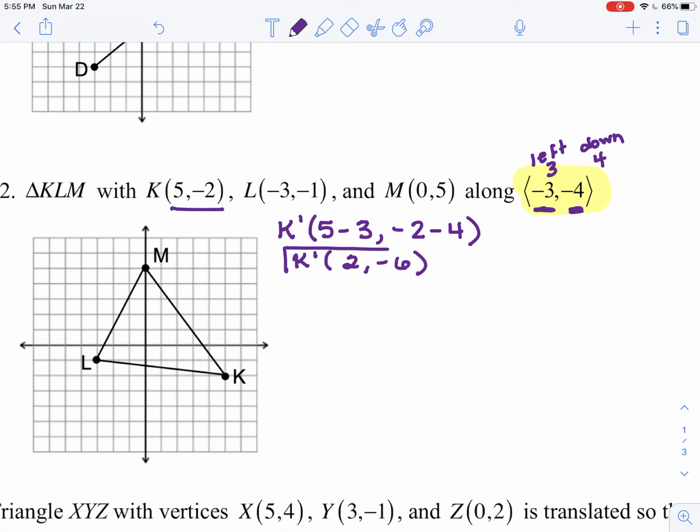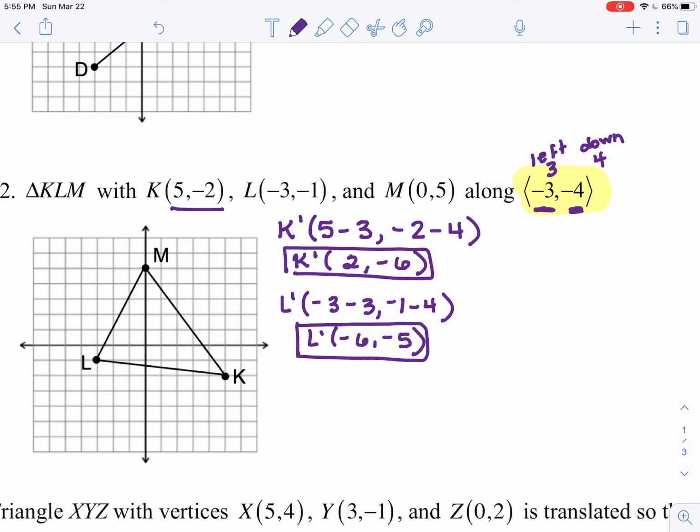If I use the point L to find L prime, it is going to have an x-coordinate of -3 minus 3, and a y-coordinate of -1 minus 4. So L prime should be at -6, -5. And using the coordinates from M and our vector, M prime should end up at 0 minus 3, comma 5 minus 4.